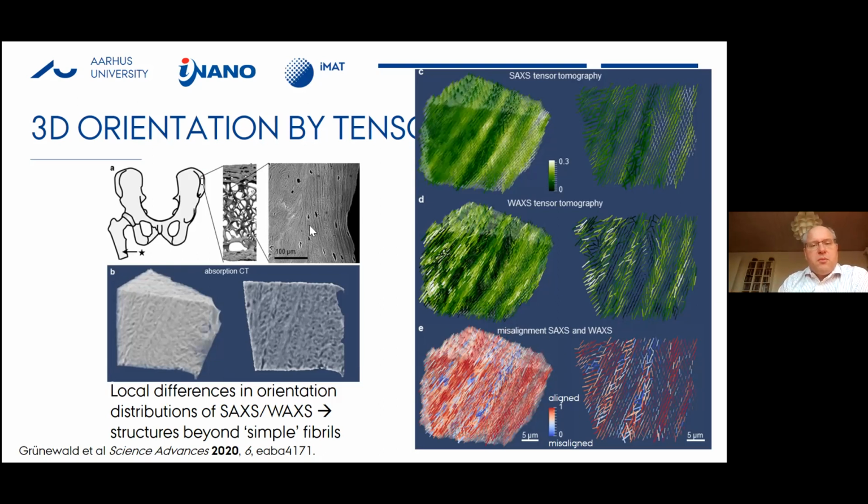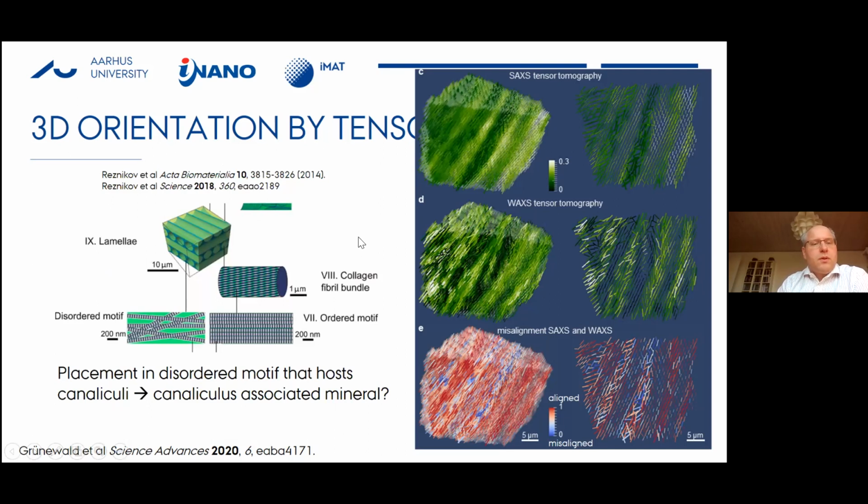What we favor as a more likely explanation is that locally there is a small contribution beyond these mineralized collagen fibrils that I explained in the beginning. And so what we then observed is these misalignment regions occur in regions that correspond to what has been labeled disordered collagen motifs. When we look at the stacking of collagen fibrils in electron microscopy, we can see that they are mostly very ordered, but sometimes there are disordered regions in between.